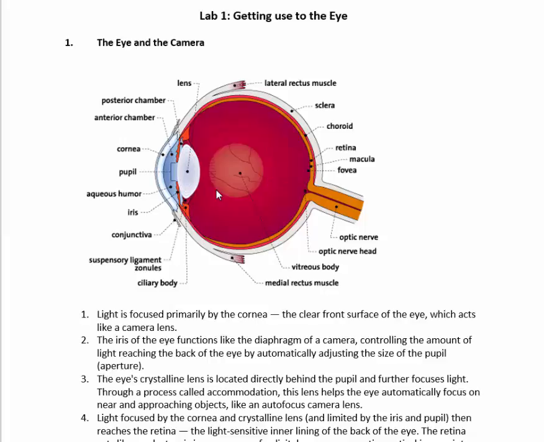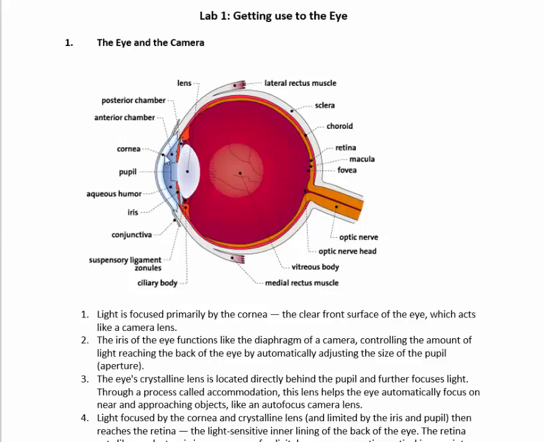Well, what does the pupil do? The pupil is the same as the aperture in the camera. It is a hole that lets the light in. And what does the iris do?